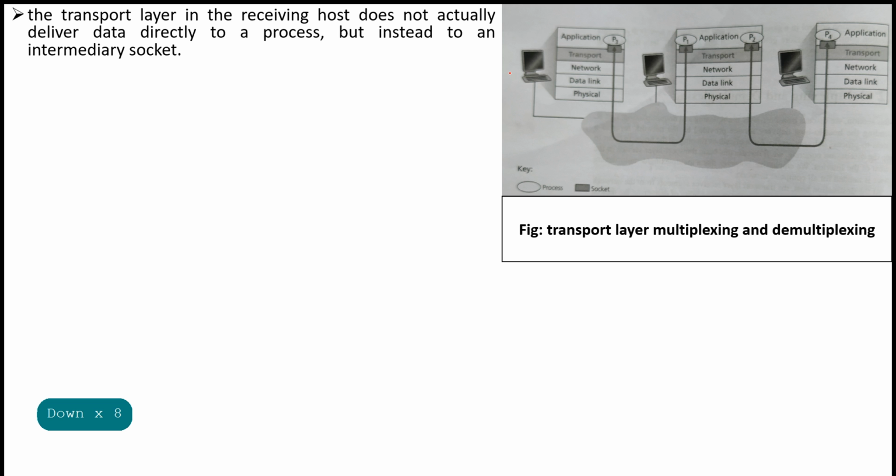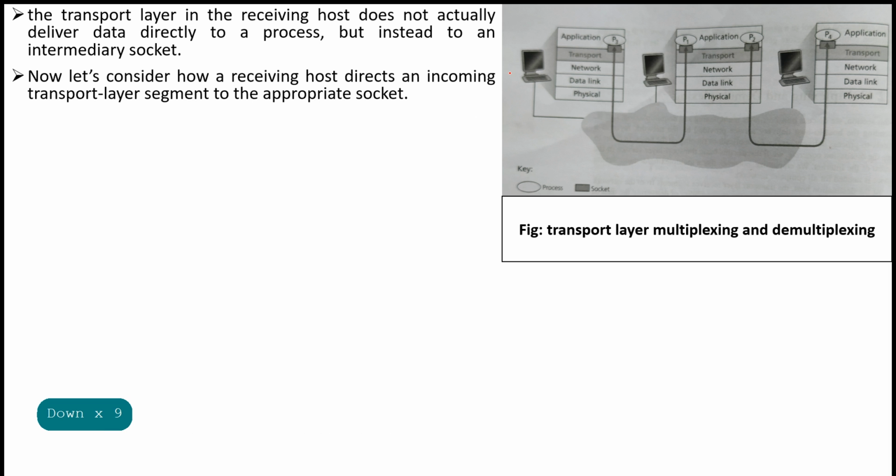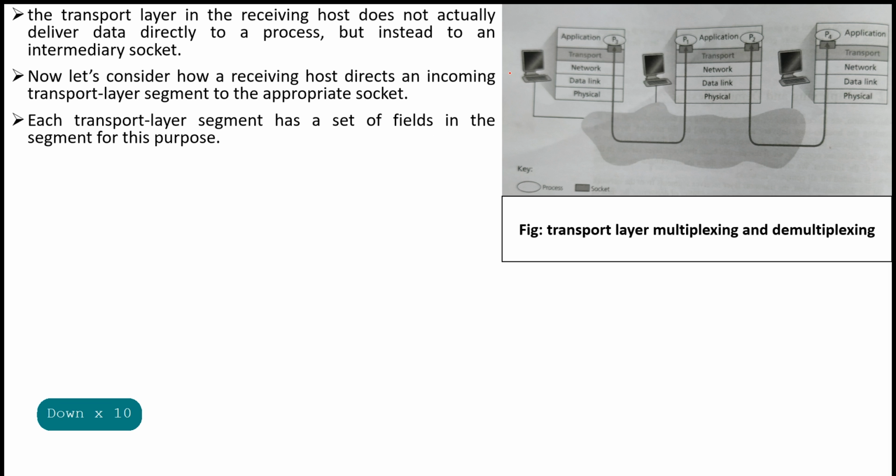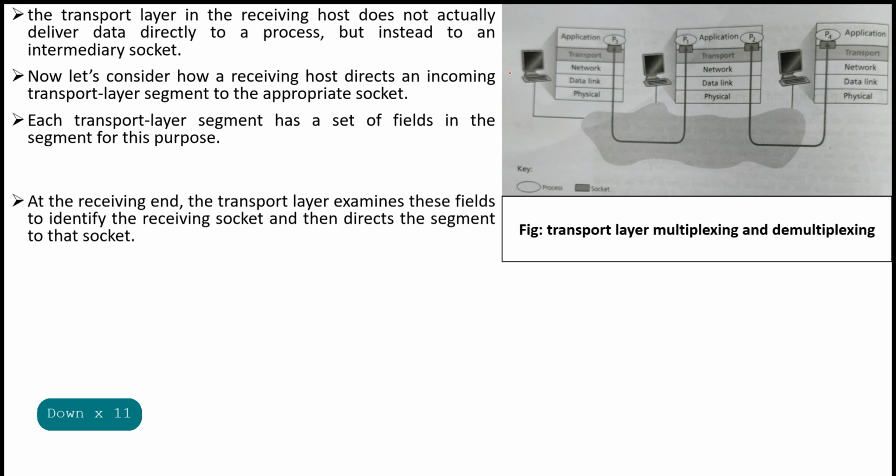The transport layer in the receiving host does not actually deliver data directly to the process, but instead to an intermediate socket. Now let's consider how a receiving host directs an incoming transport layer segment to the appropriate socket. Each transport layer segment has a set of fields for this purpose.